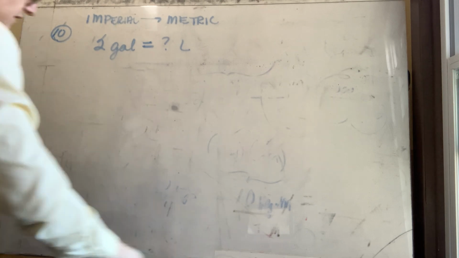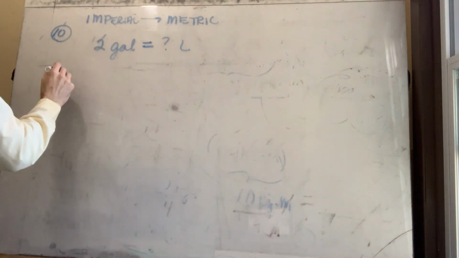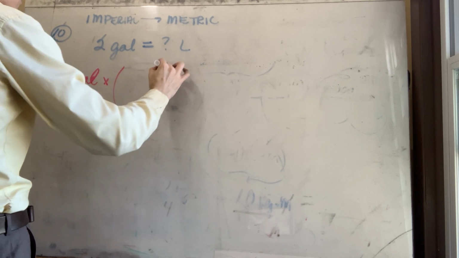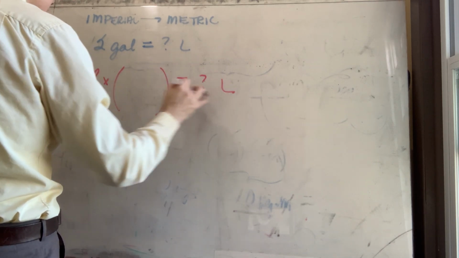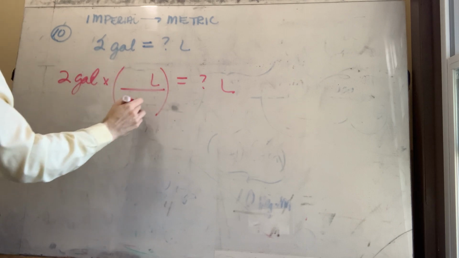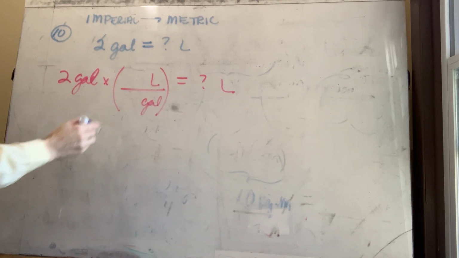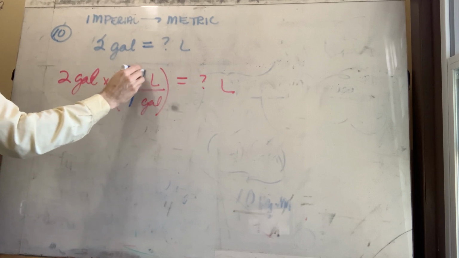So in this first situation, if 2 gallons is what you're given, and you want to convert this to liters, then you need liters above the line and you need gallons below the line. And it just so happens that the relationship is that in 1 gallon there are 3.8 liters.